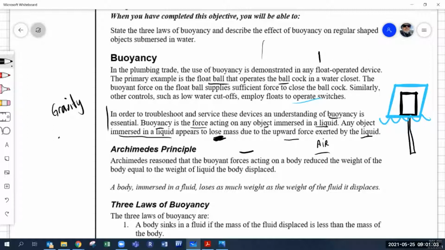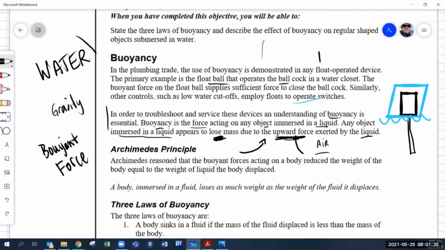This upward force when it's in water is called buoyant force. It makes things weigh less when it's immersed in a fluid. And the fluid that we are going to be mostly using is water, fresh water. So this is what we're going to talk about and how we calculate these buoyant effects.